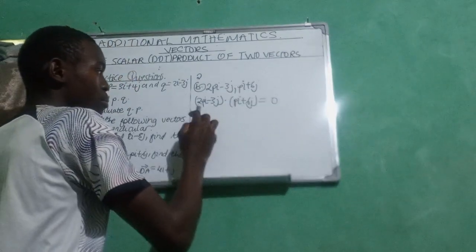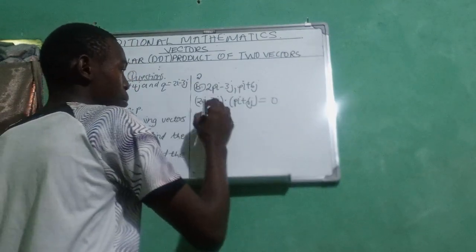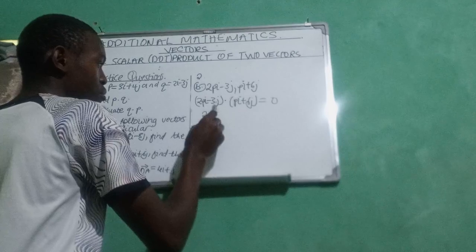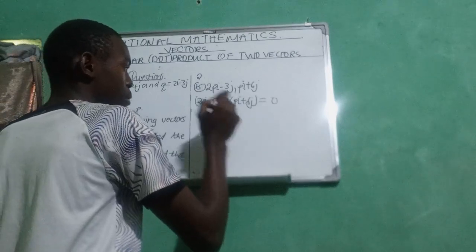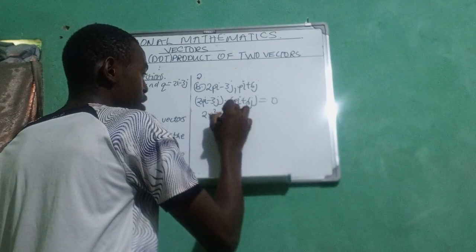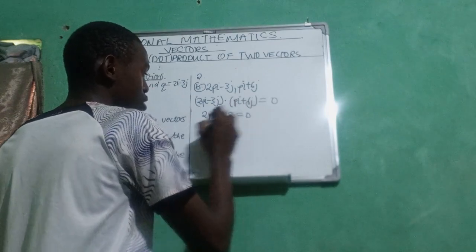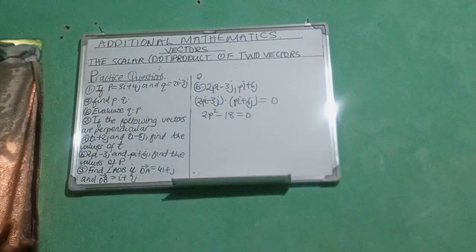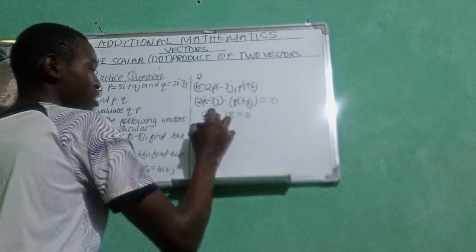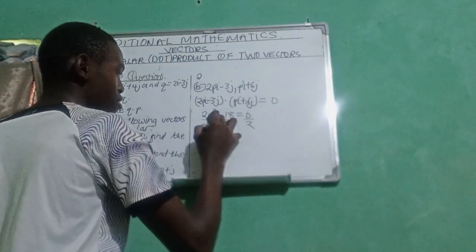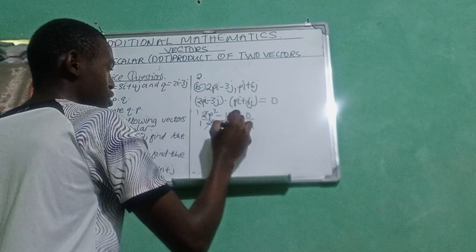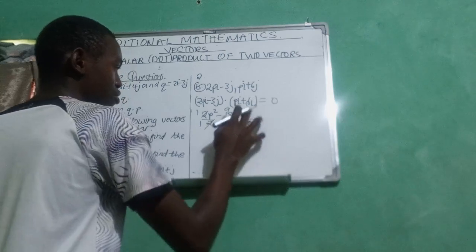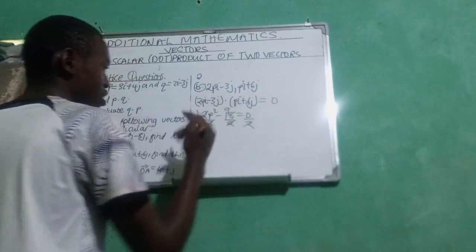So here 2pi multiplied by pi is 2p squared, then minus 3j multiplied by positive 6j is minus 18, is equal to 0. Then at this stage we can divide throughout by 2 since it can be divisible by everything. So this would be 1, this would be 9, and of course 2 into 0 is just 0.